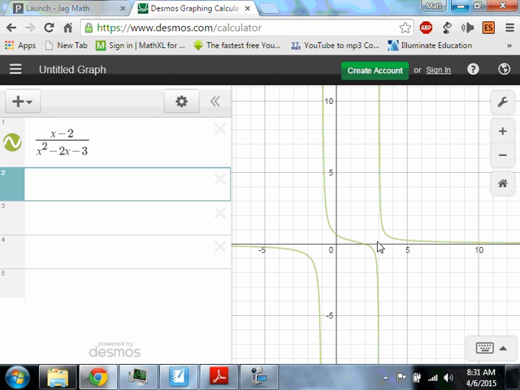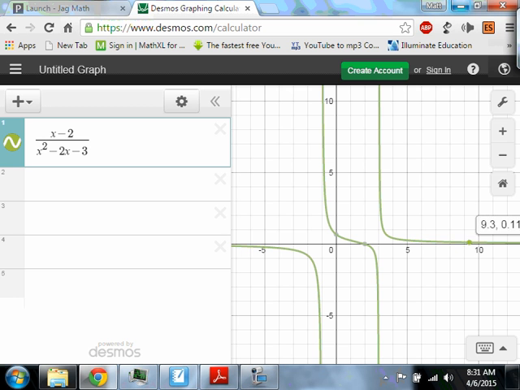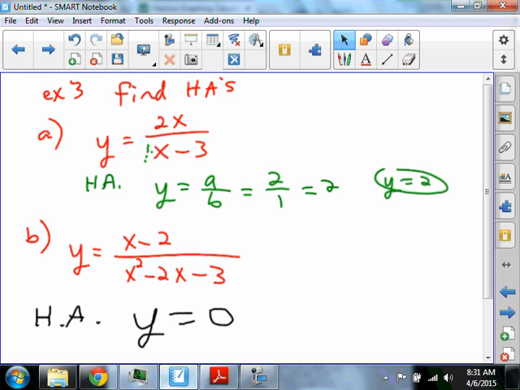If we follow along over here, the graph never touches down over there. Okay? How's everybody doing? All right. Well, we got one more.